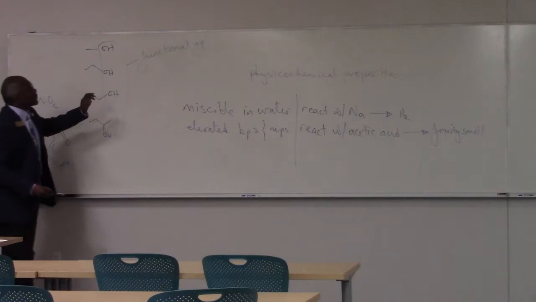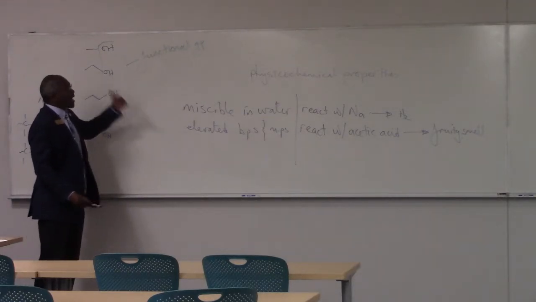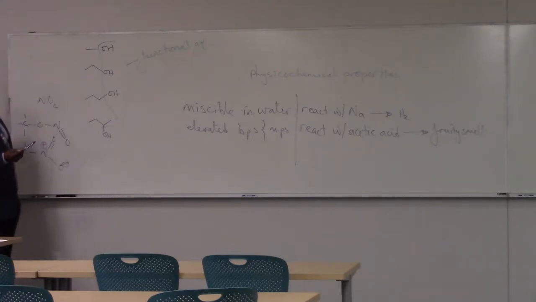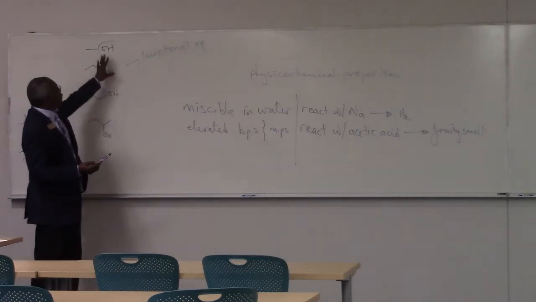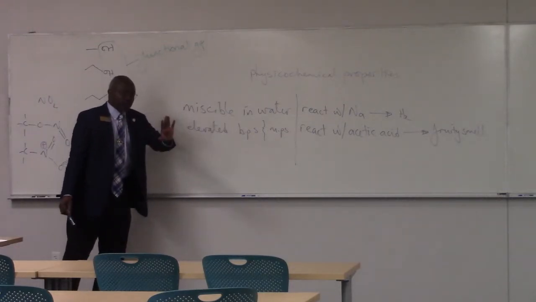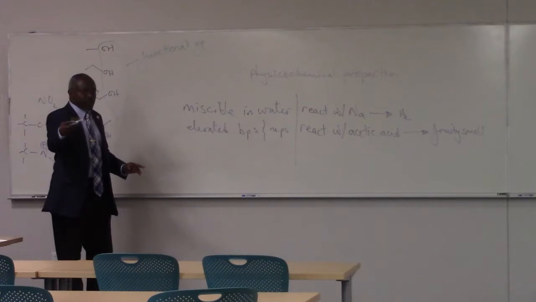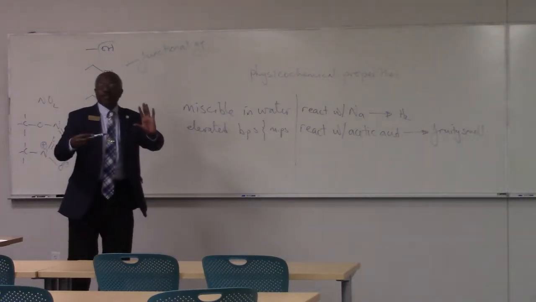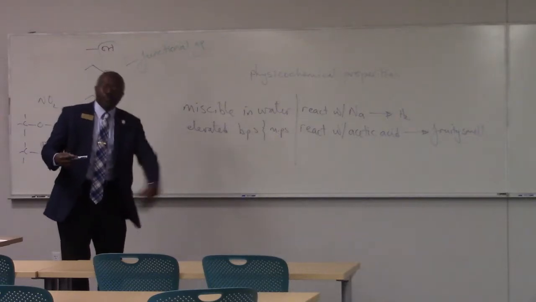So a functional group is a specific collection and arrangement of atoms that dictate both the physical and chemical properties of a species. So everything having an OH group is going to tend to be miscible, if not soluble in water. And there are rules we talk about in a little bit as to how many carbons one OH can pull into solution.